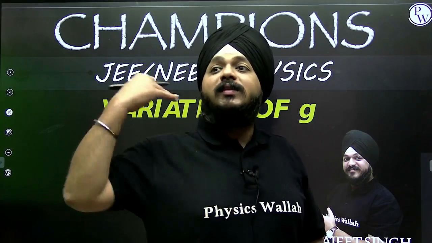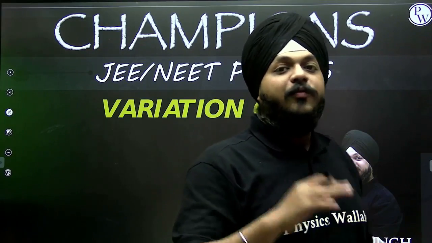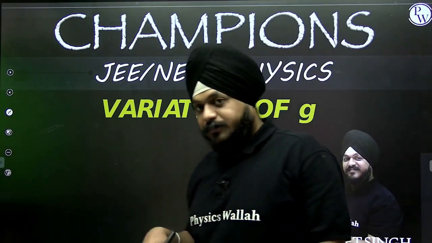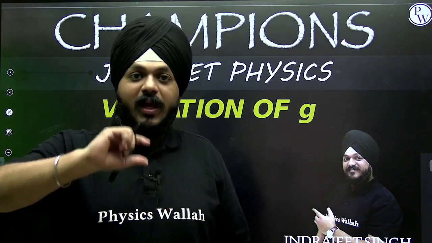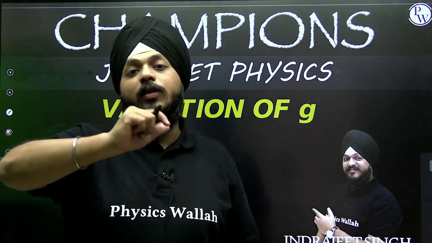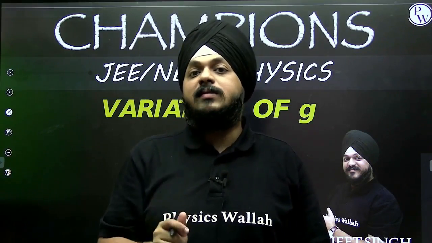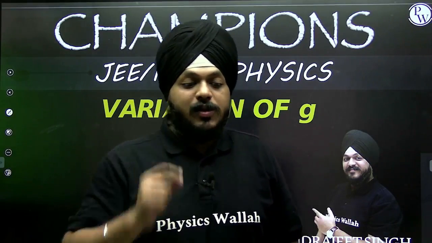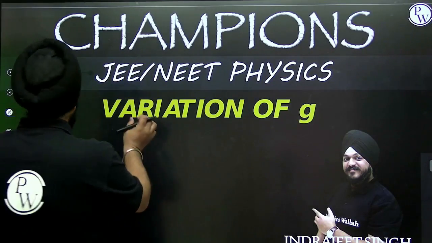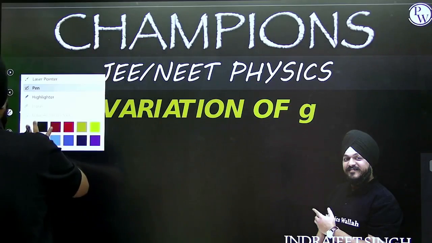If the surrounding medium is changed, the force value is not going to be affected. But if any change in the masses or the distance between the masses is noticed, then the force value is going to change. So this is what the variation of g is all about.